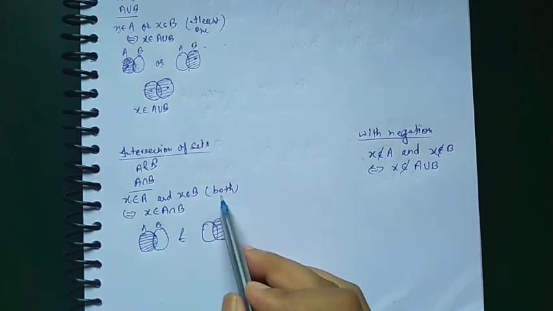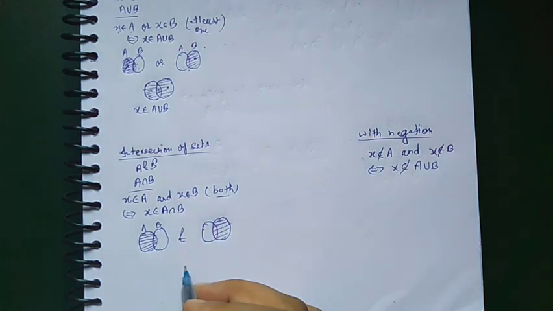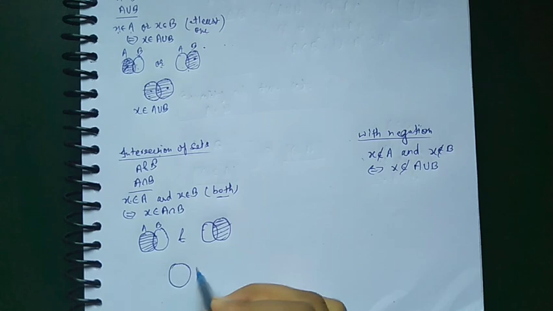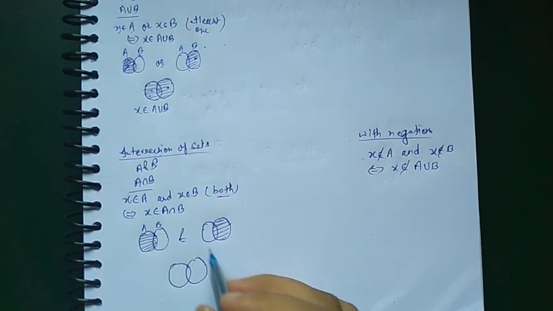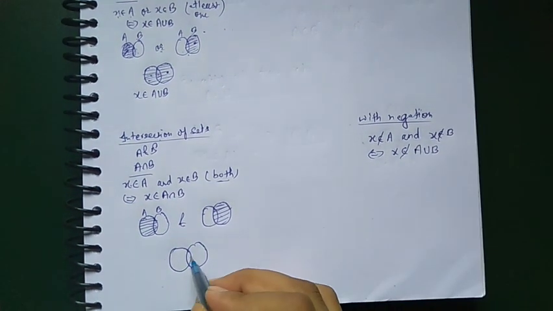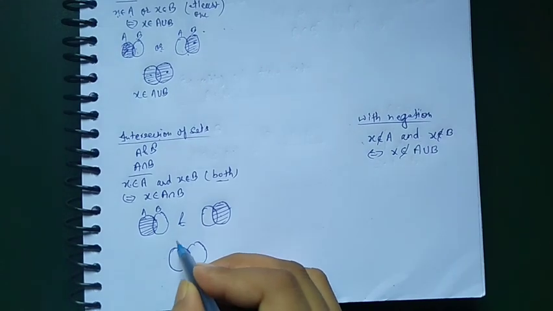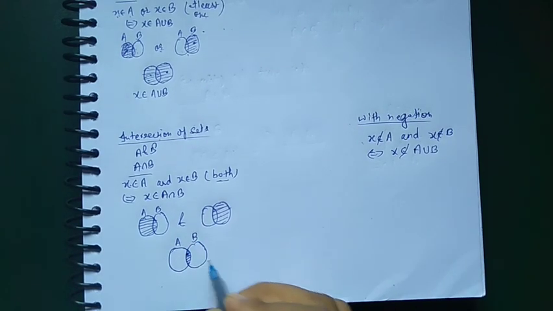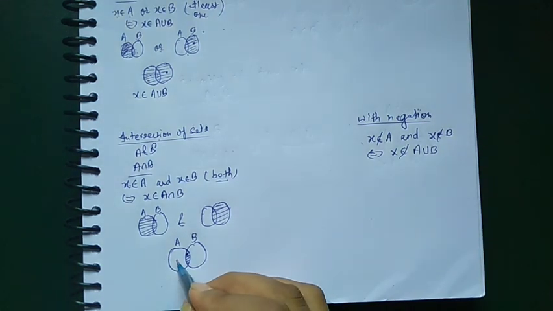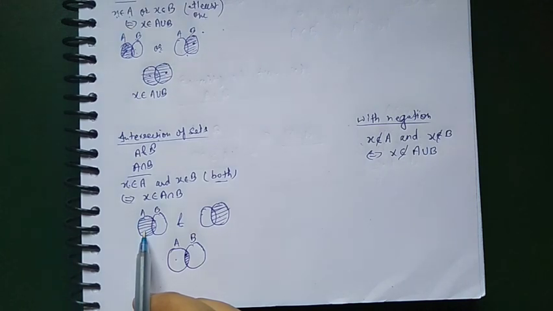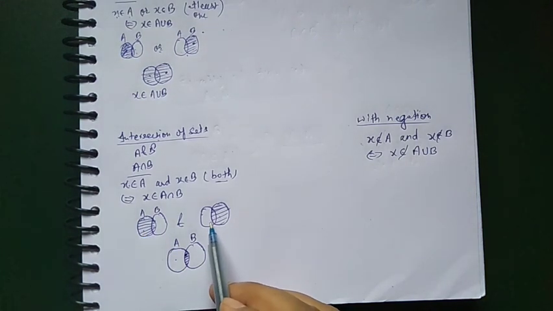As here both the conditions should be satisfied, so both these Venn diagrams imply that this shaded region is A intersection B, because if we take X here, then this Venn diagram is satisfied, but the second diagram will not be satisfied.